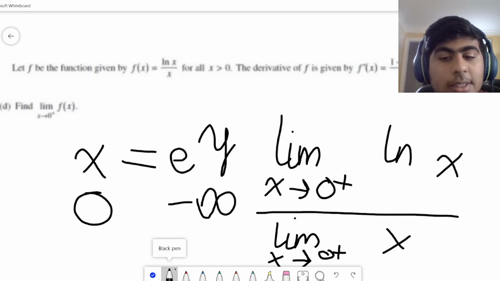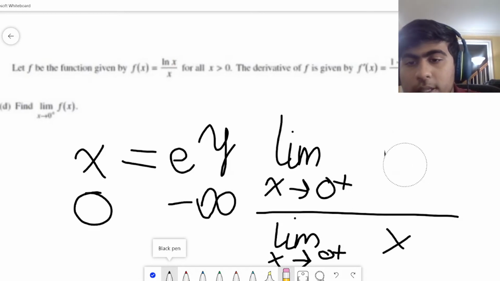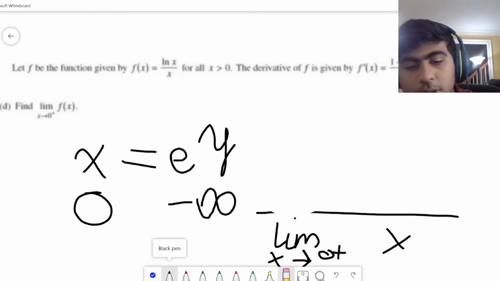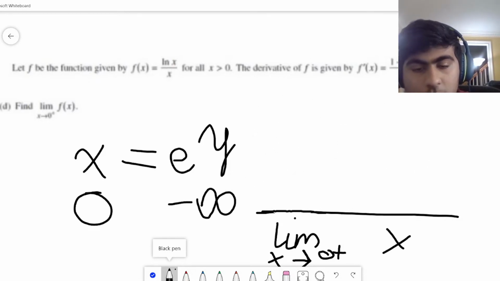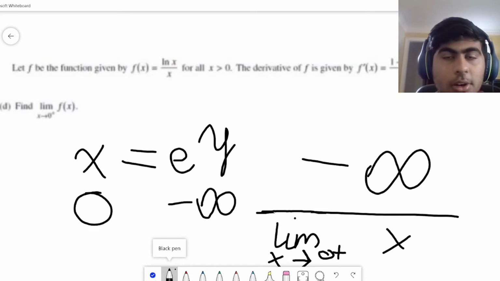So y is going to be negative infinity. So in the numerator, this limit is never going to converge, but it's going to go to negative infinity. As you get closer and closer to 0 for x, the value of ln of x is going to get closer and closer to negative infinity.